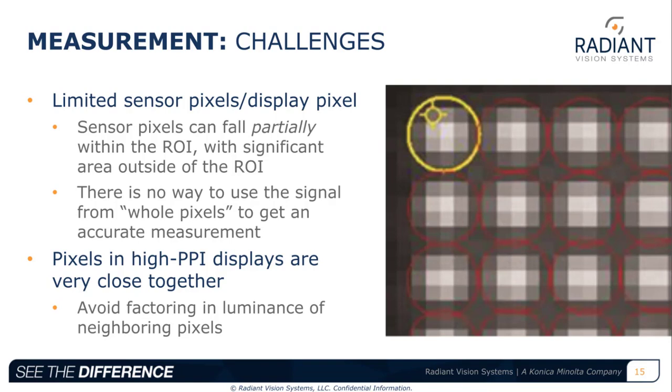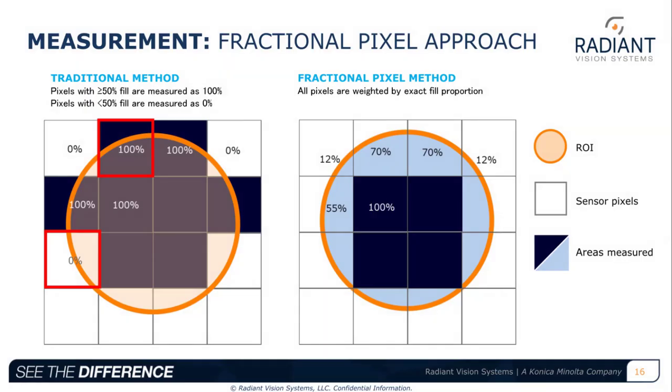Well, in the fractional pixel approach, we're able to use the pixels that are partially enclosed inside the ROI by using a portion of their contribution. In our 2 by 2 sensor pixel example, we need to make the most of the limited image sensor pixel areas within the ROI to determine precise luminance values.